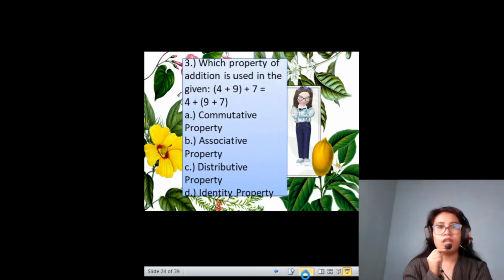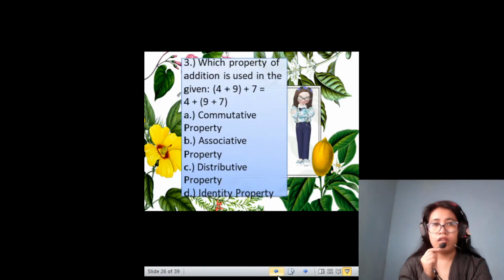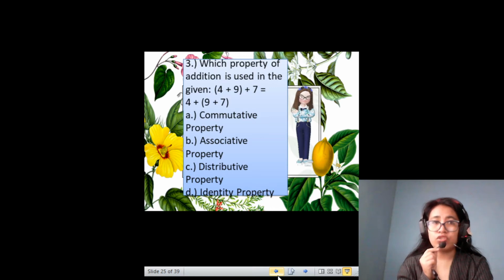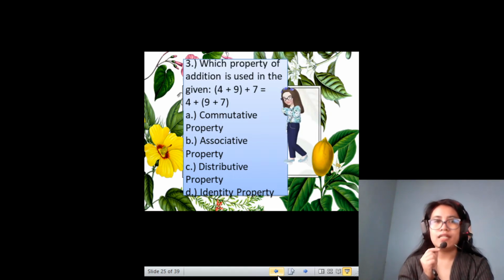Next, number 3. Which property of addition is used in the given? Quantity 4 plus 9 plus 7 is equal to 4 plus quantity 9 plus 7. Letter A, commutative property. Letter B, associative property.